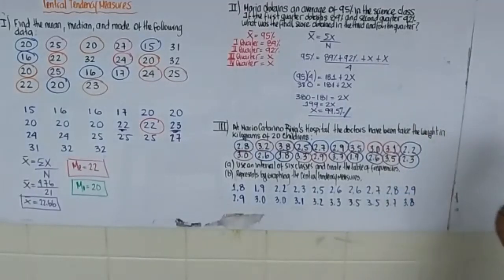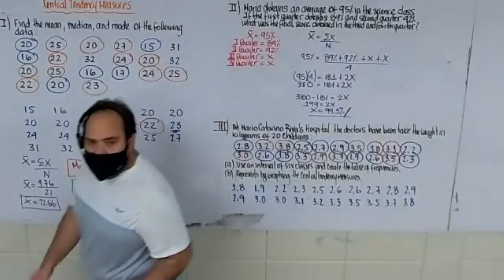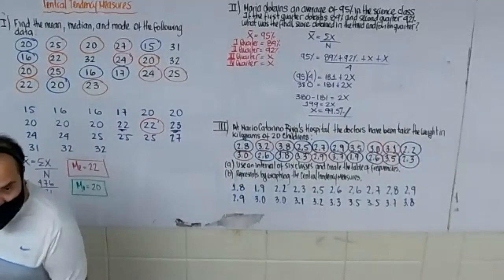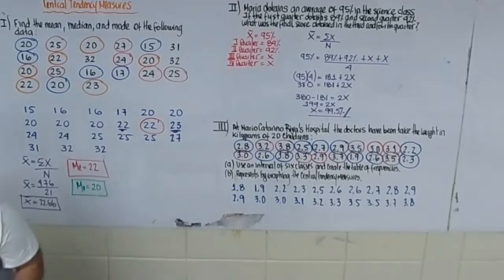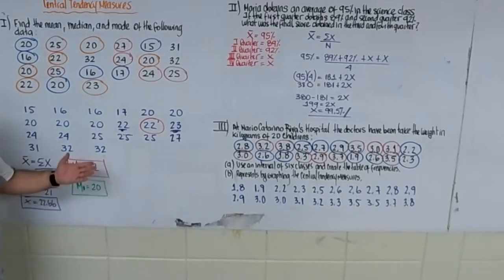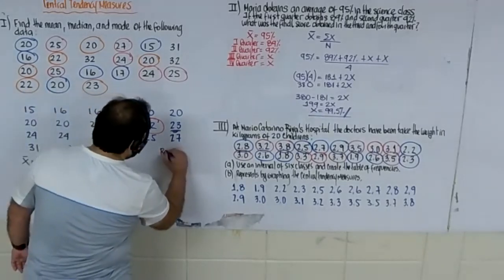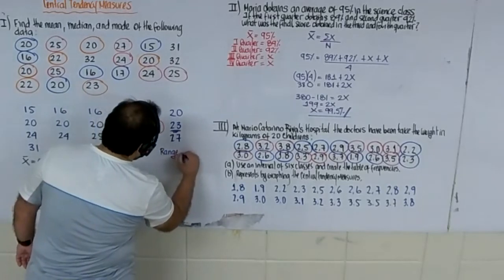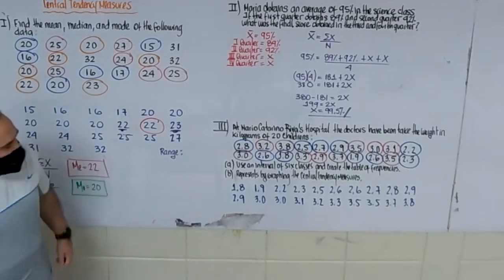Okay. And finally, we have arranged the numbers from the smaller one to the bigger one. Remember, the first thing we can determine, according to the second problem, is the range. The range is the subtraction between the bigger number minus the smaller number.